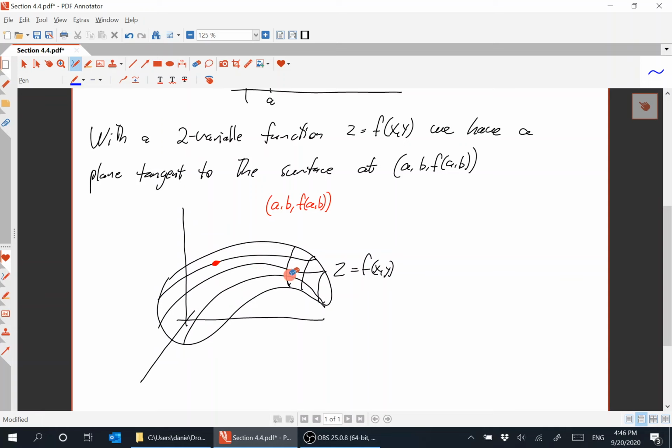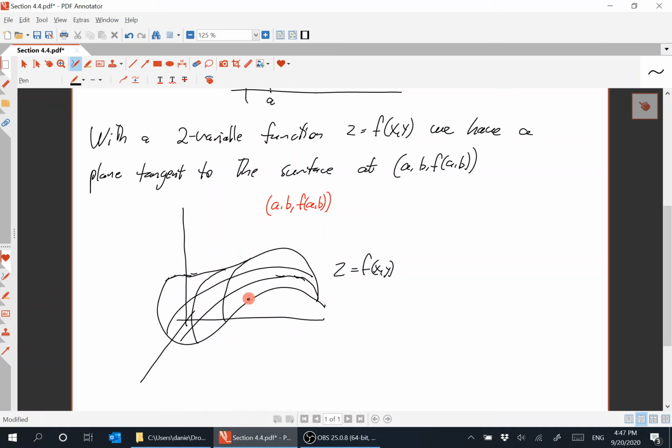Let me try drawing this a little differently. Yeah, this will work better.